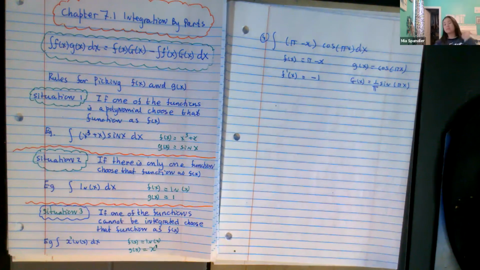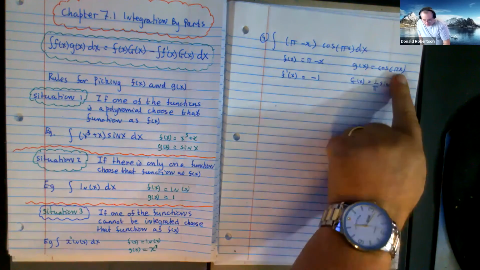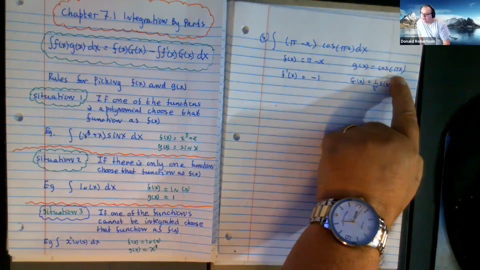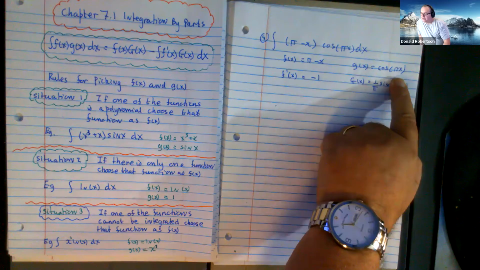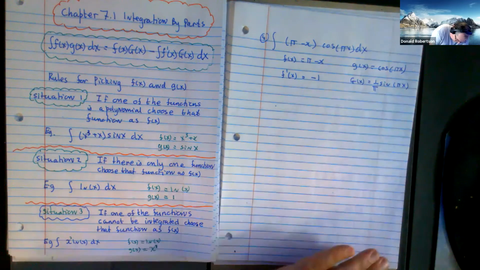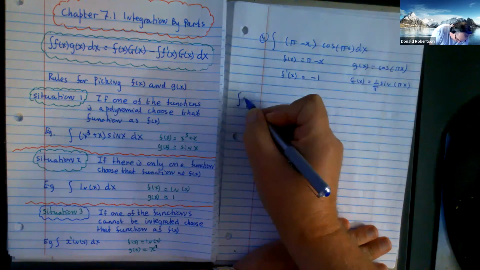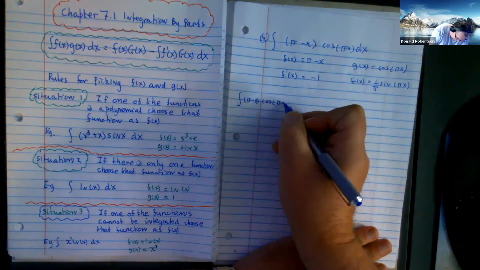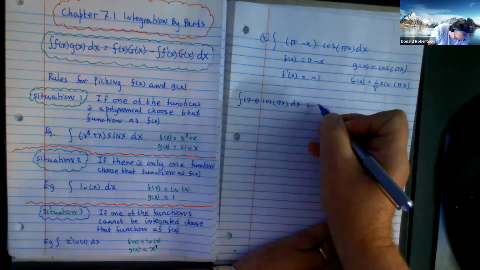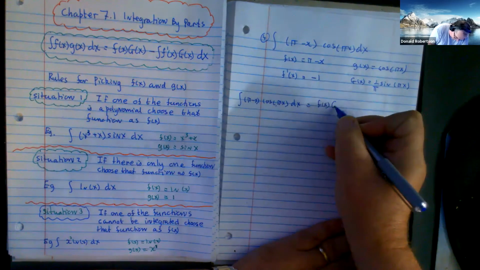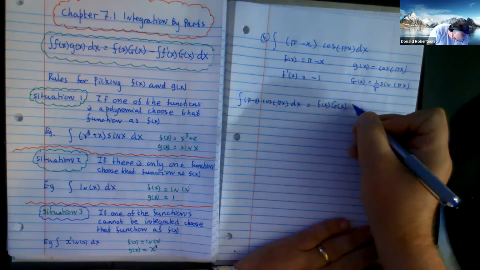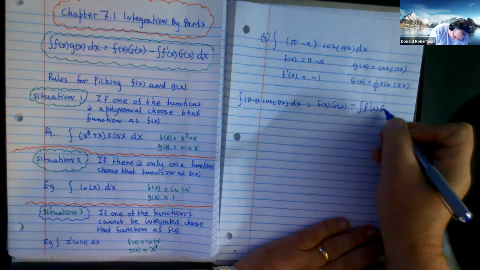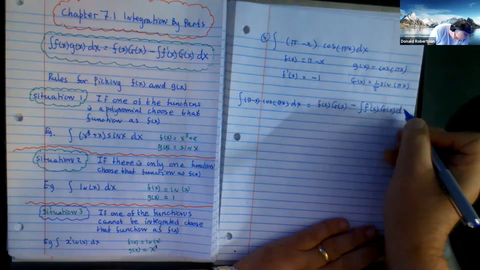Right. Now, if you don't see that, can you do a little scratch paper and do a u sub, u equals pi x? You know, 3 minutes later, you'll get the answer. So everything is ready to go. So this fella is going to be f of x, capital G of x, take away the integral of f dashed of x, capital G of x, dx.